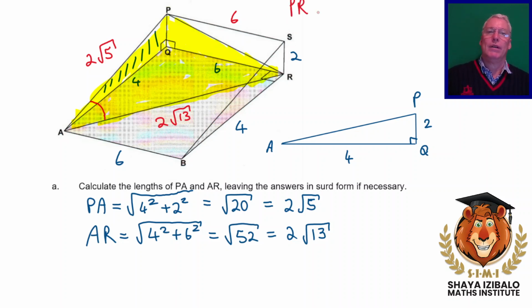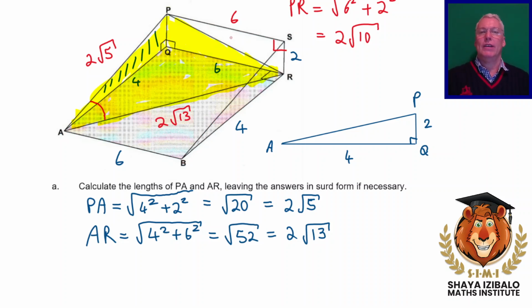PR is going to be the square root of 6 squared, because there's a right angle in there as well, plus 2 squared. It's the square root of 40. Once again, the 4 can come out, and we get 2 square root 10. So this side over here is 2 root 10.